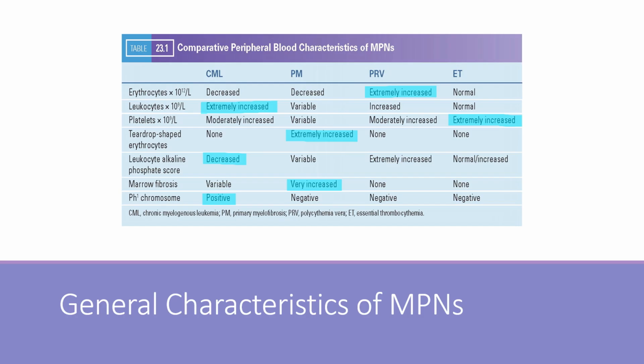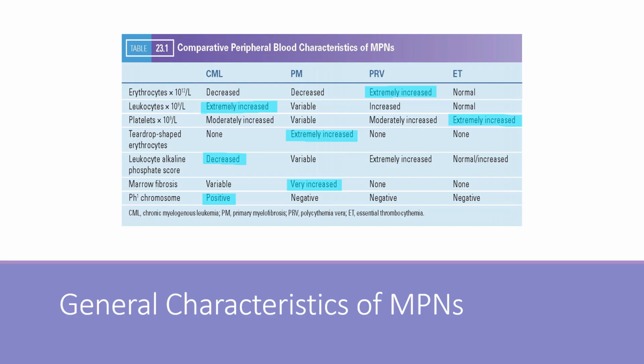And then myelofibrosis, we might see some variability in that depending on the phase that it is in. And then there's something called the Philadelphia chromosome, and it will be positive. CML is the only myeloproliferative neoplasm that is positive for the Philadelphia chromosome.